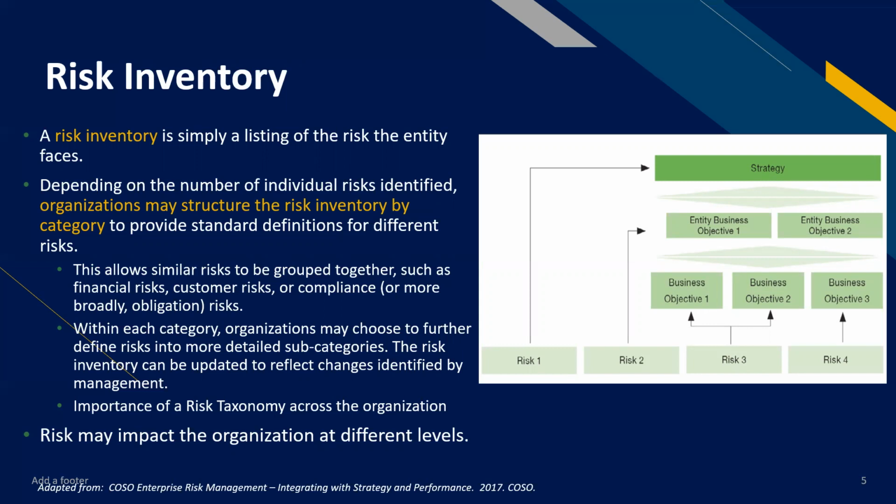Okay. For the risks within each category, organizations may choose to further define those risks into subcategories, especially if these risks are very critical for an organization. So for example, in a company like Meralco, which is a utility, operations risk is very pronounced because if they fail in operations, there will be a lot of public backlash.